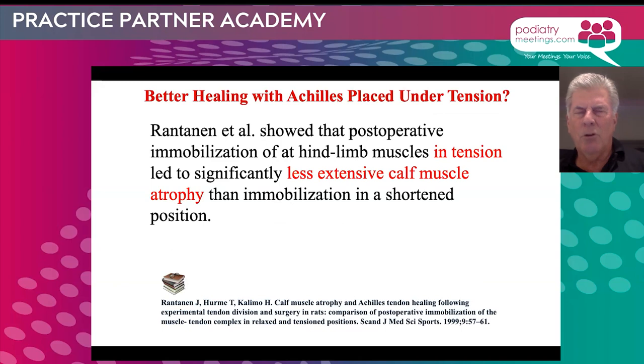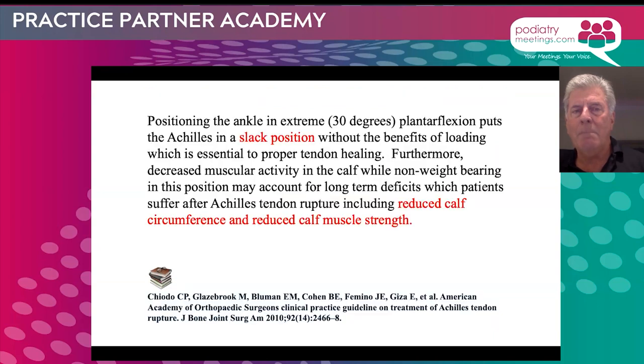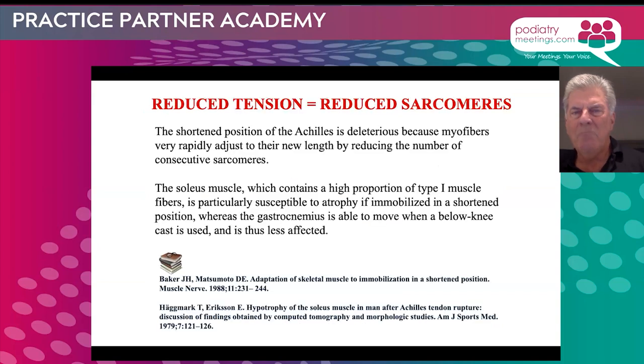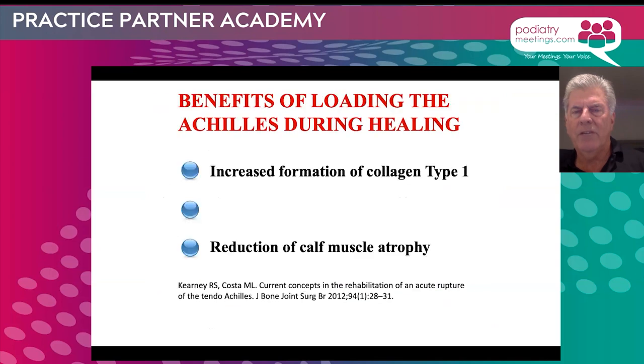There's getting to be more and more evidence that these patients can ambulate weight bearing early after surgical repair, and that the foot does not have to be placed in equinus, because equinus positioning can actually lead to detrimental healing. There's reduced calf circumference and reduced calf muscle strength with prolonged equinus positioning. Laboratory studies verify the same kind of atrophy with immobilization. These are other studies warning of atrophy with equinus positioning and prolonged immobilization.